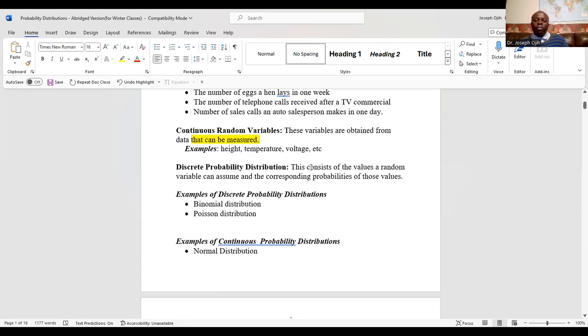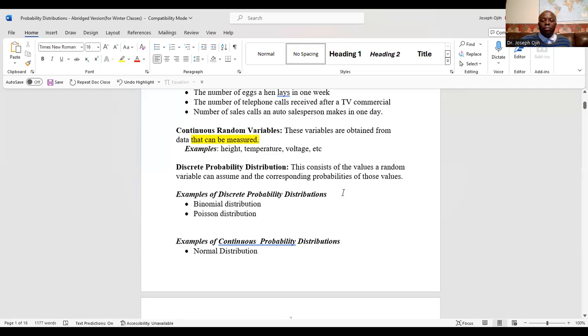Now, a discrete random variable consists of values. We focus on the discrete probability distributions. A discrete probability distribution is a type of probability distribution which consists of values that a random variable can have, plus their corresponding probabilities.